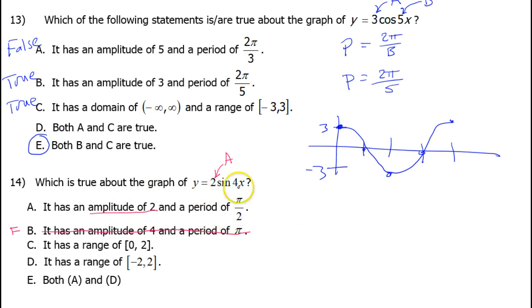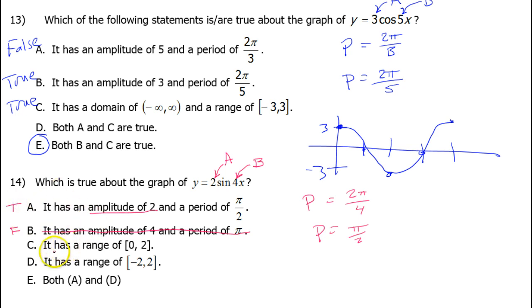Well, we can see that the B value is 4, and we know that the period with the sine function is going to be 2 pi over the B value, and that's going to simplify down to pi over 2. So the amplitude is 2, yes. The period is pi over 2, yes. So that means A is true.